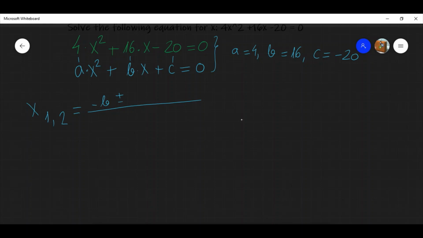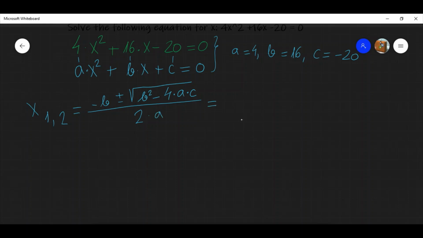Here when we have plus it is the first value, when we have minus it is the second value. Here we have the square root of b squared minus 4 multiplied by a multiplied by c, over the fraction 2a.